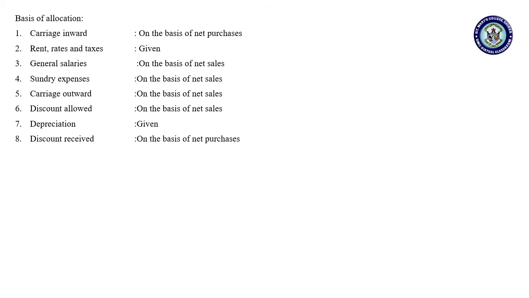Now it is relating to sales, correct? Discount allowed means we are allowing discount to debtors, and debtors relate to credit sales. Credit sales we will take as total sales, because credit sales information they won't give. So we have to take the total sales. So discount allowed is on the basis of net sales.